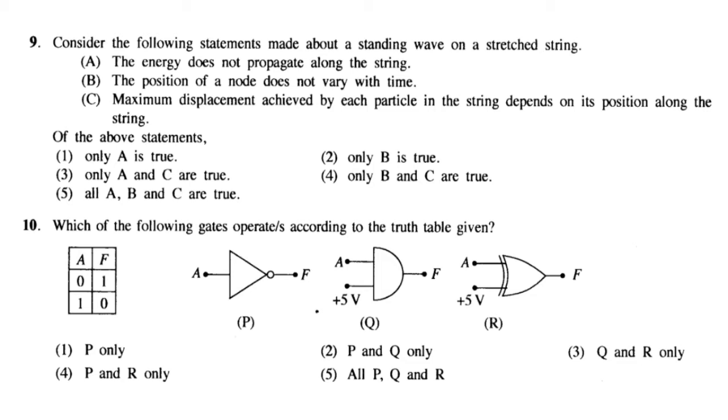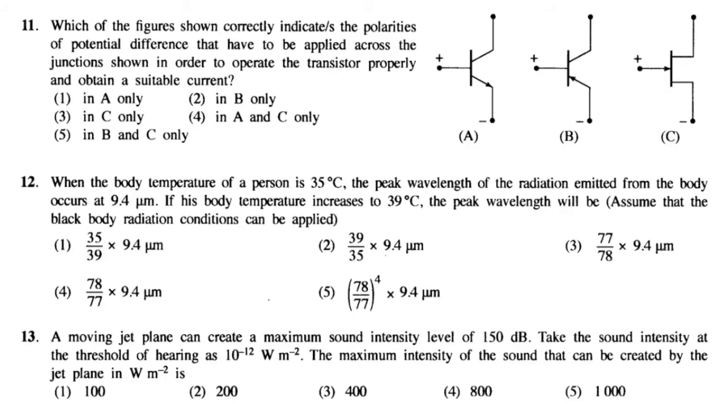So R gives a truth table similar to the one given in the diagram. So R is right. P and R are right. The answer is 4.